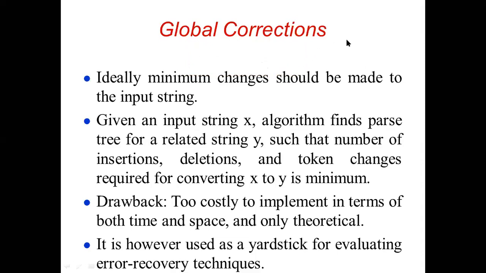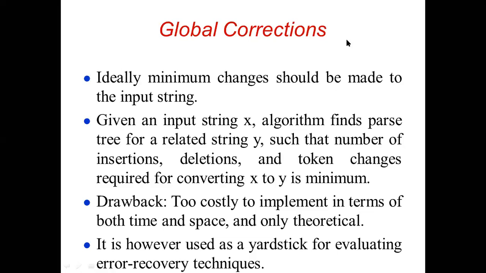So what is the drawback of global correction? It is too costly to implement in terms of both time and space, and it is only theoretical. We cannot implement such error handling criteria. Global correction is sometimes only in theoretical form, because the implementation is too costly and we need time as well as space.